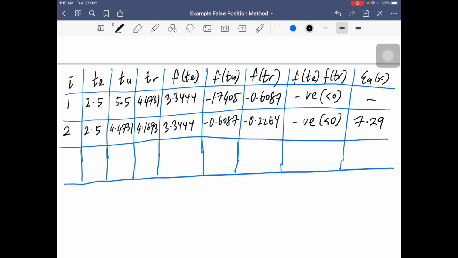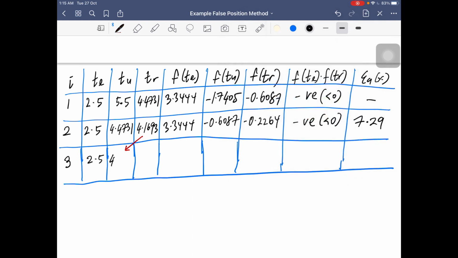Okay, so for the third iteration, we can summarize in this table here. Third iteration, TL remains the same, so 2.5. TU replaces the value of your TR, meaning this value we bring here.